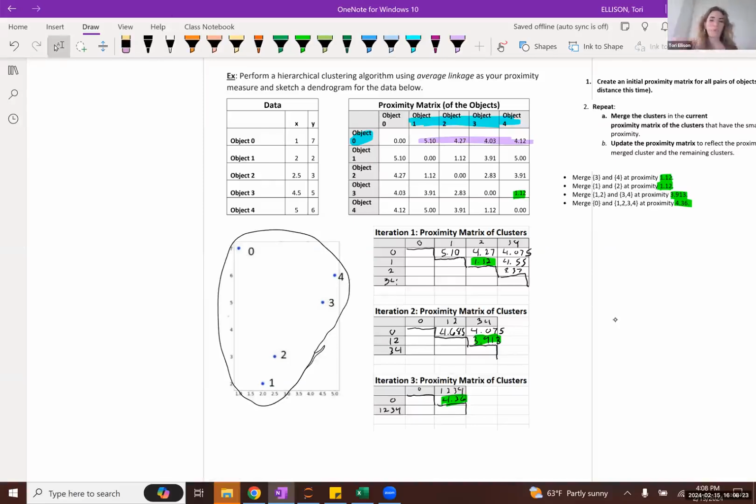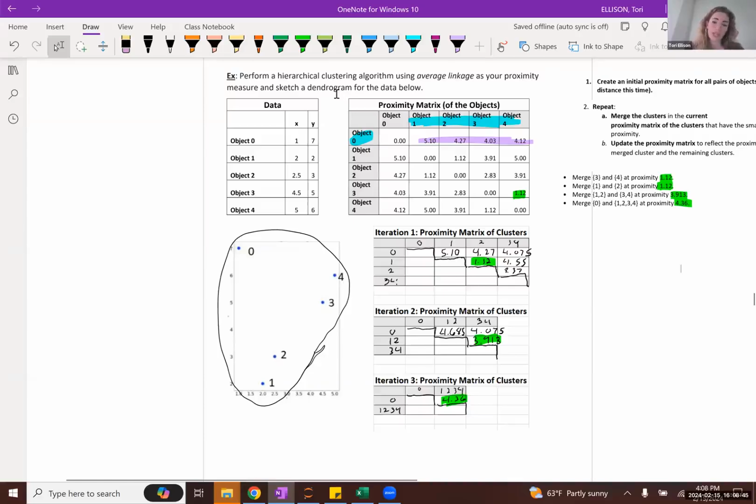Yeah, so someone's asking about what distance metric was used. So yeah, we used the Euclidean distance to calculate the initial proximity between all objects in the data set. Now, if you had wanted to use a different distance metric to measure the distance between objects, you could have.